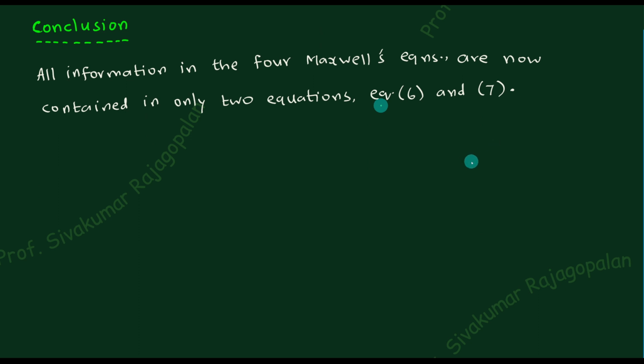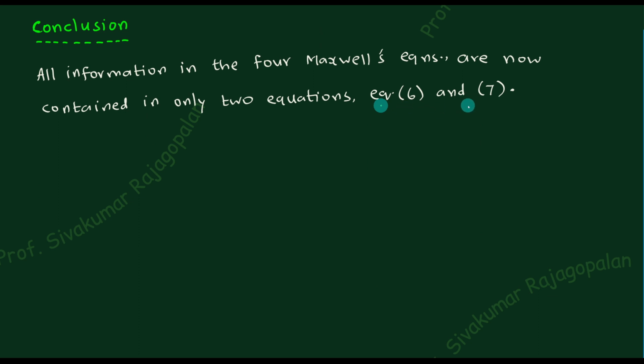And what it means mathematically is that equation number 6 and 7 are second order differential equations, whereas the Maxwell's equations are all first order differential equations. So now you see what is meant by compressing the information. A lot of things are put into two equations, which means the order of the differential equation is increased.